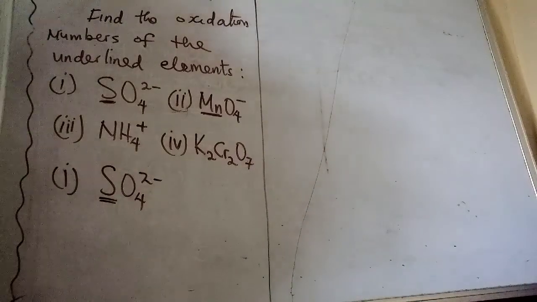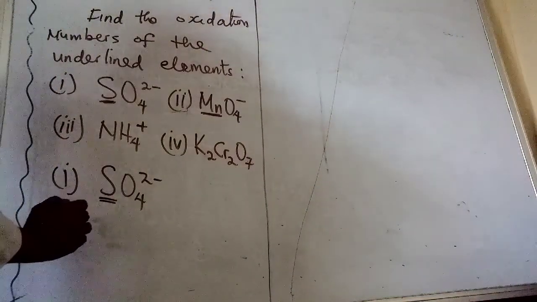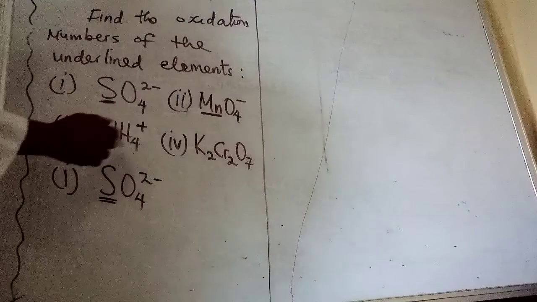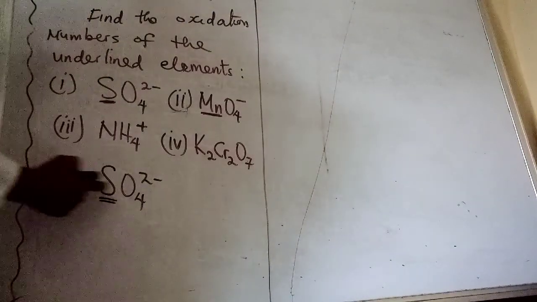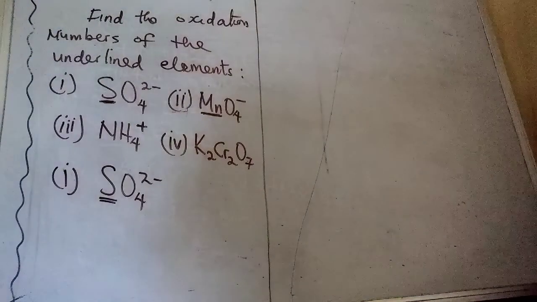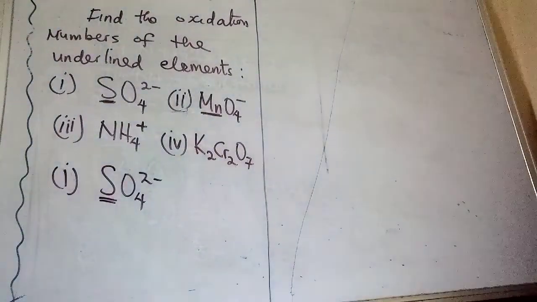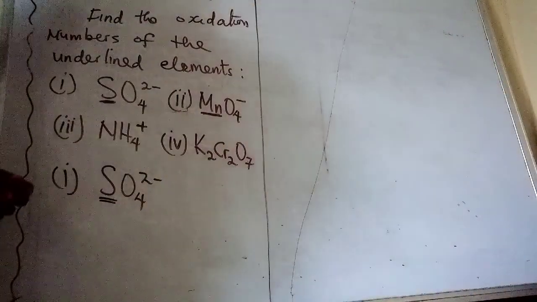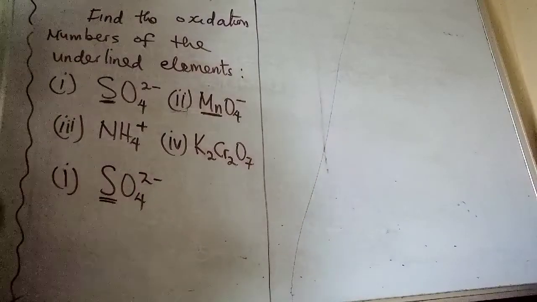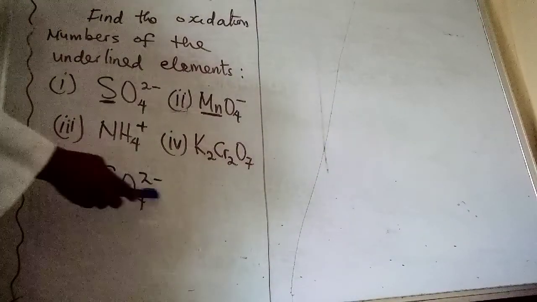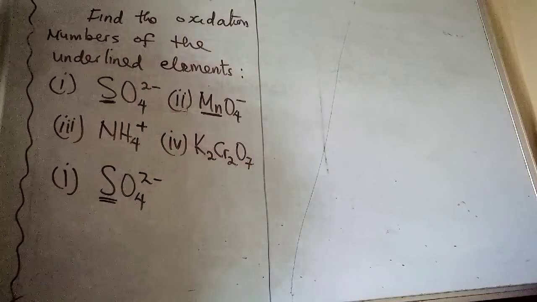Now, in this case, since it's carrying a charge, that means we will add up everything together. So we are adding everything together and it will equal minus 2 because it's carrying 2 negative charges.